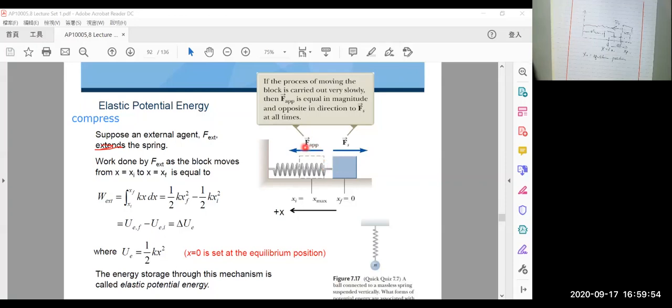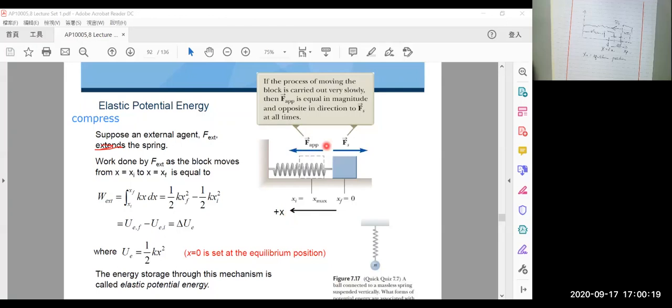And when you apply the force and push the spring, there is work done. What is the size of work done? According to our definition of work done, W is equal to F times delta x. So it is equal to the applied force times delta x.